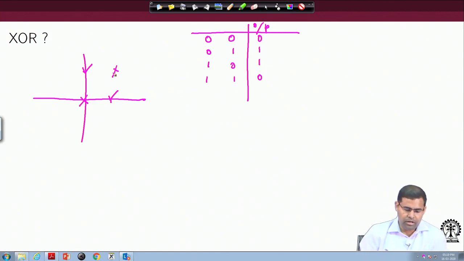Now, as we can see, we cannot have a linear classifier for the XOR function, because the function is fundamentally not linearly separable, right. So, this brings us the problem of how we are going to tackle this issue.